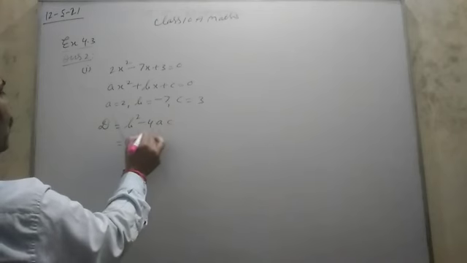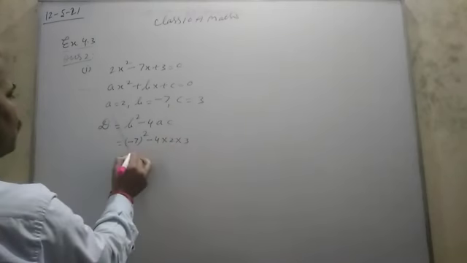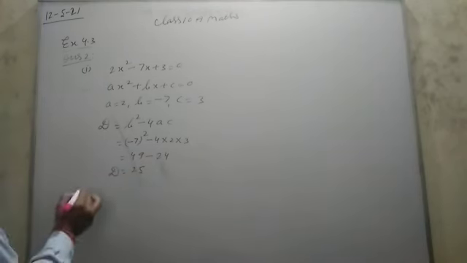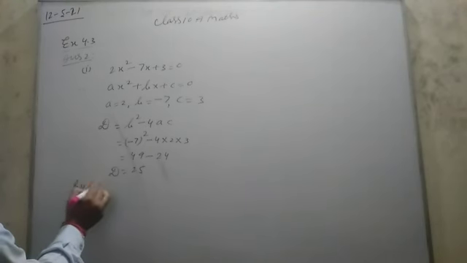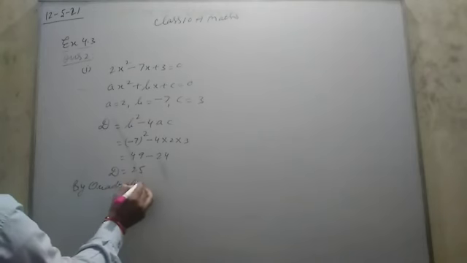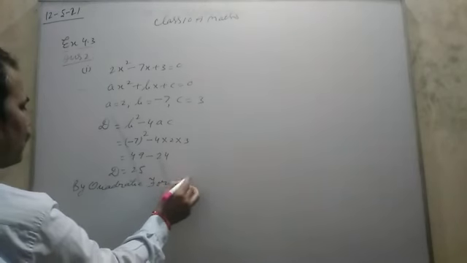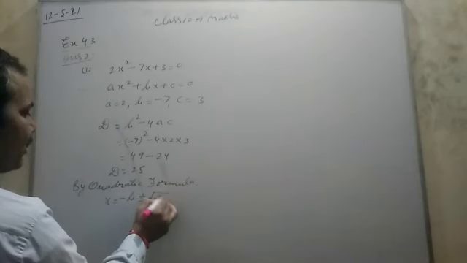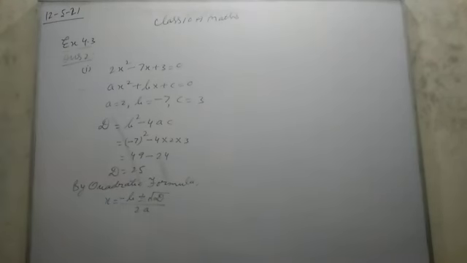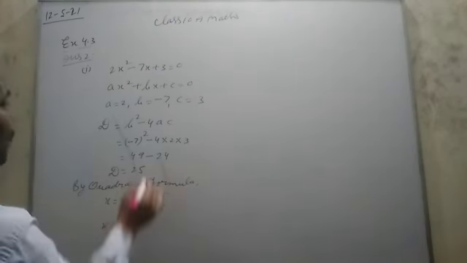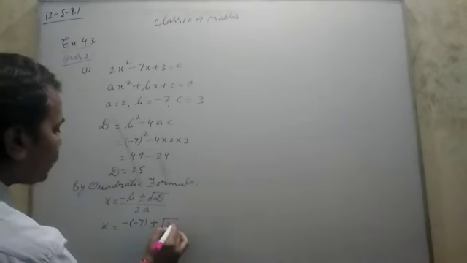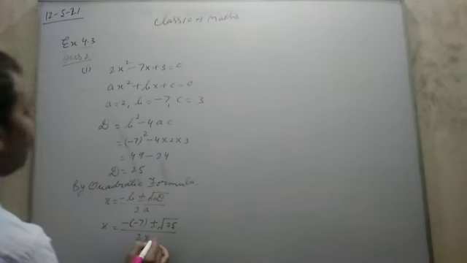Putting values, 49 minus 24 is 25. Then apply the quadratic formula: x is equal to minus b plus minus under root D upon 2a. Putting values, x is equal to minus of minus 7 plus minus under root 25 upon 2 into a, that is 2.